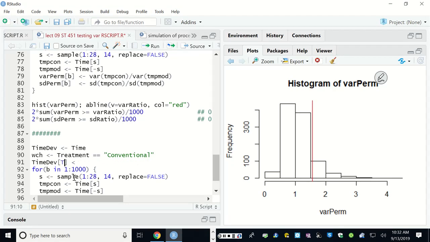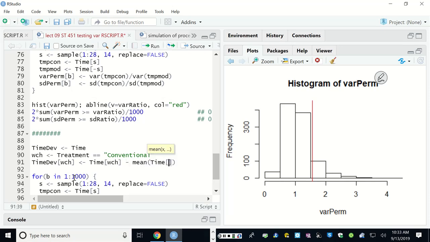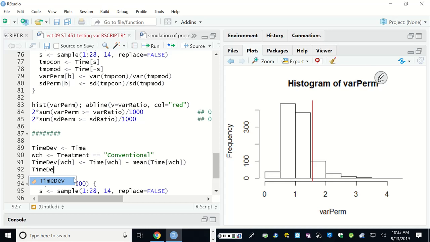The time deviation for that group is going to be the time minus the mean of time for that group. And the time deviation when it is not that group is the time when it's not that group minus the mean of the time when it's not that group.